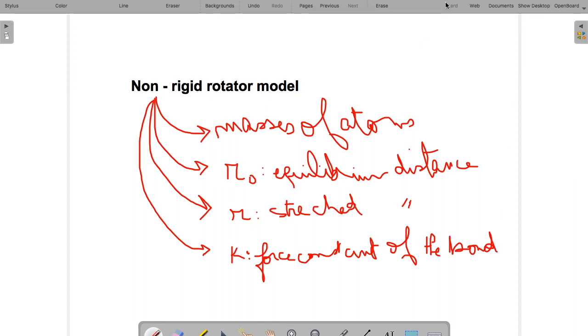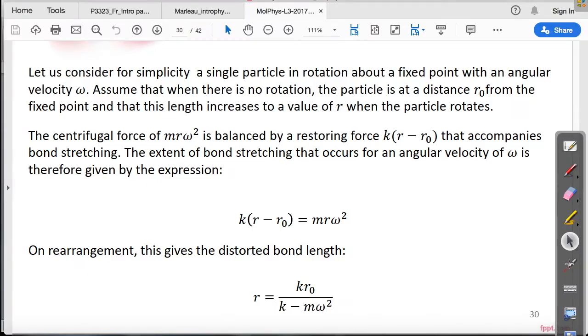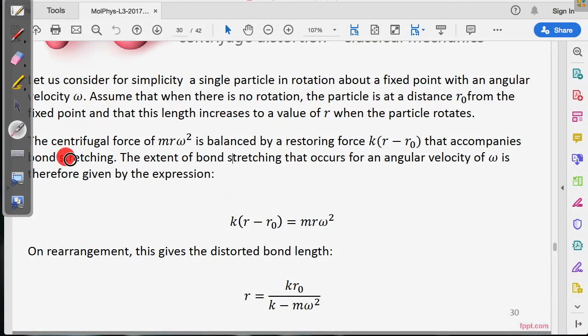Okay, so now that we have this quick overview of the non-rigid model, we shall move to the equations and understand what's going on. Basically, what we just said is written here. The centrifugal force, which is equal to m r omega squared, is balanced by the restoring force, k times (r minus r0).